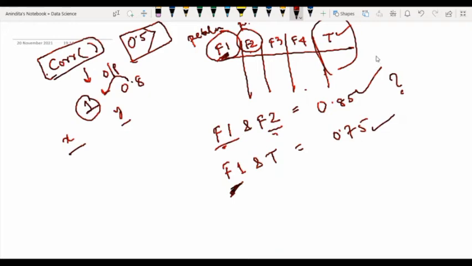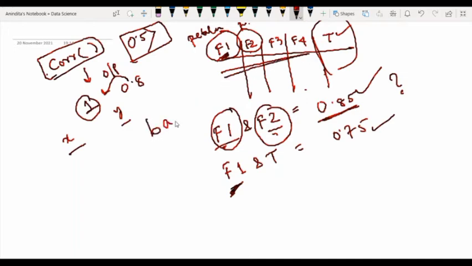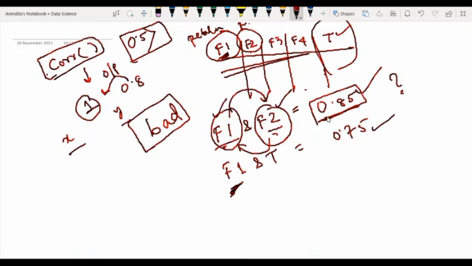See, whenever you are getting very high correlation between the predictors, between the features, it is a very bad thing. It is a bad thing because if correlation is high between the features, one feature can be predicted with the use of another feature. It means that both features which are highly correlated are redundant in nature.